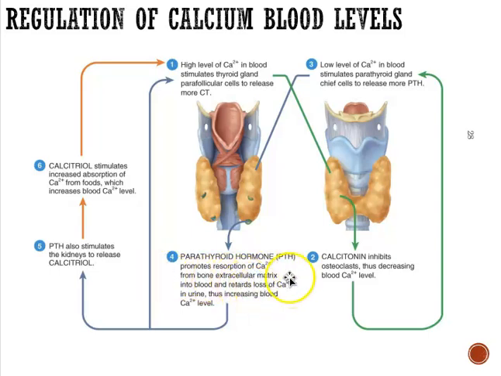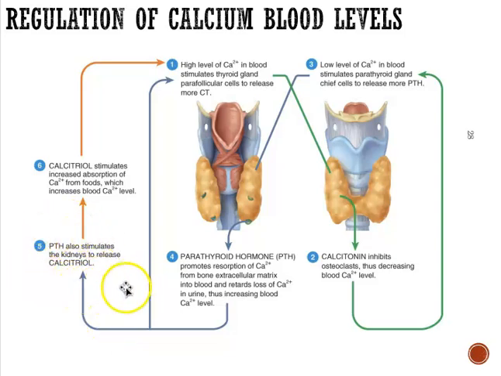It prevents the loss of calcium in urine, so you're reabsorbing calcium in the renal system, increasing your blood calcium levels through the breakdown of bone as well as the reabsorption of calcium.